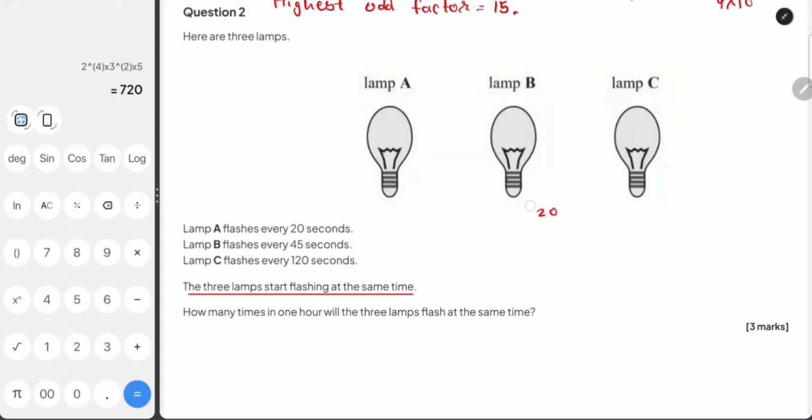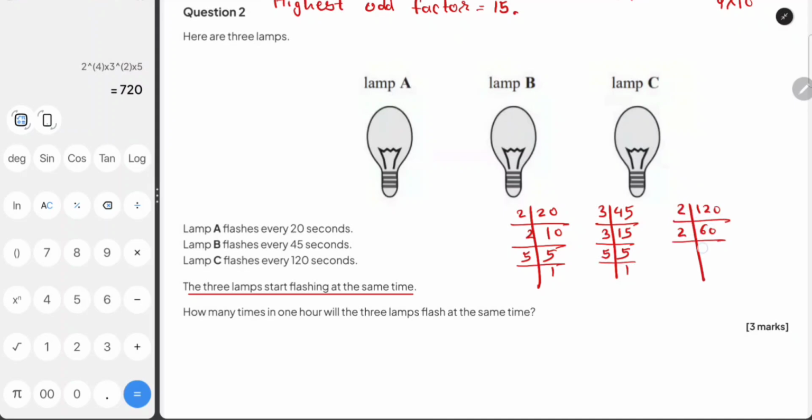So, finding the LCM of 20, 45 and 120. 20 divided by 2, 10, divided by 2, 5 ones are 5. 45 divisible by 3, you will get 15. 15 also divisible by 3, you will get 5, 5 ones are 5. And 120 divided by 2, 60, divided by 2, 30, divided by 2, 15, divided by 3, 5, and 5 ones are 5.